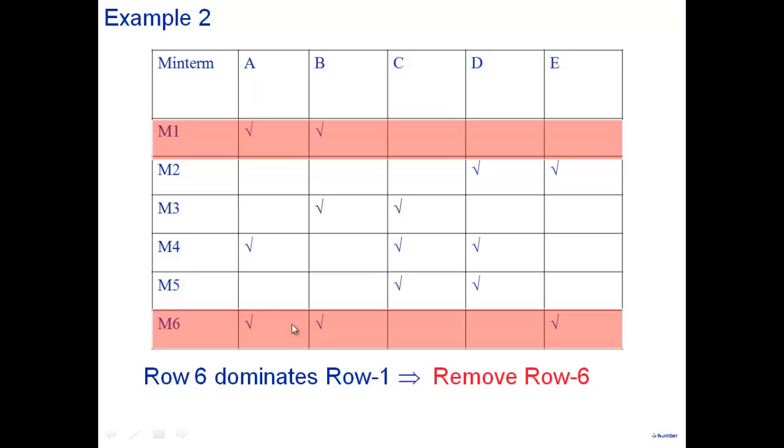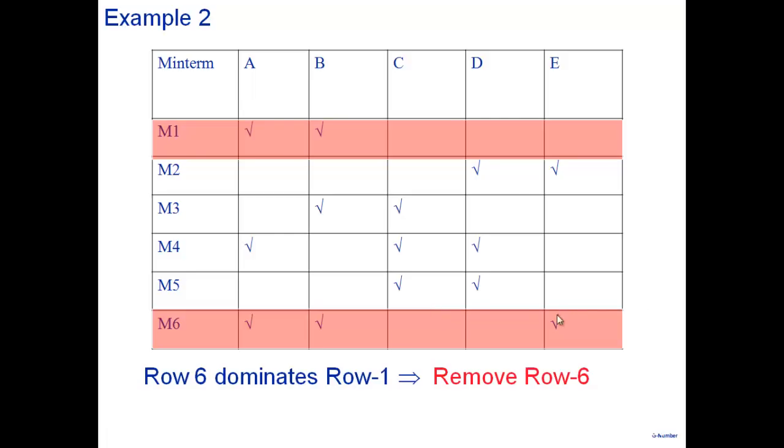So you are seeing that if one row dominates the other, then the less dominating one, if I cover that, I'm making sure that I'm covering the other also. If I cover this particular min term M1, I'll end up covering this one. But the reverse is not true. If I cover this with E, then M1 will not be covered. So what I'm saying is if one row dominates the other, the dominating row you can remove from your table.